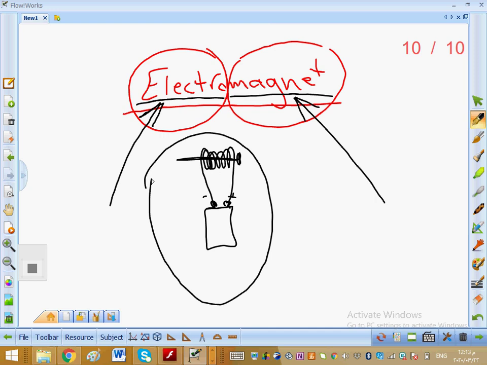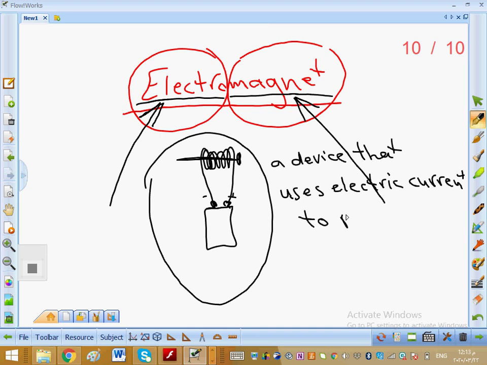So what is an electromagnet? A device that uses electric current or electricity to produce magnetism.